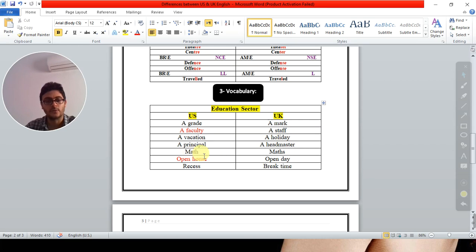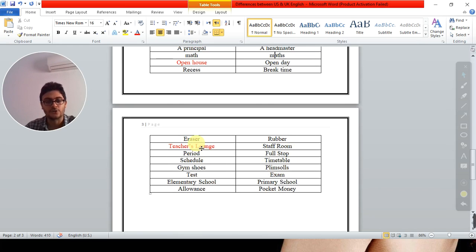Math without an S, math. And by the way, math is not written with a capital letter. Only subjects of language are written with a capital. Open house equals open day. Recess equals break time. Eraser equals rubber. Teacher's lounge equals staff room.